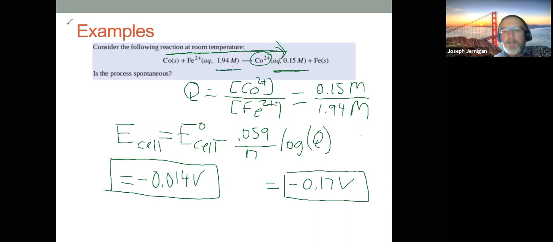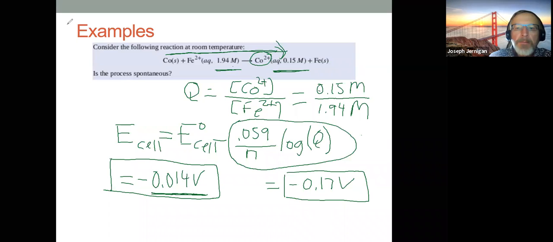Now, directionally, what happened? We did make it much closer to being positive and therefore spontaneous, but it's still not spontaneous as written, okay? Even with adding the effect of this concentration term.